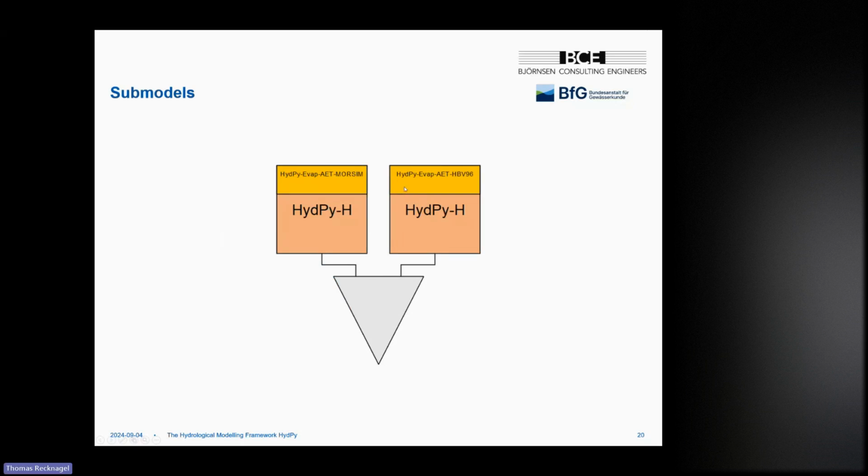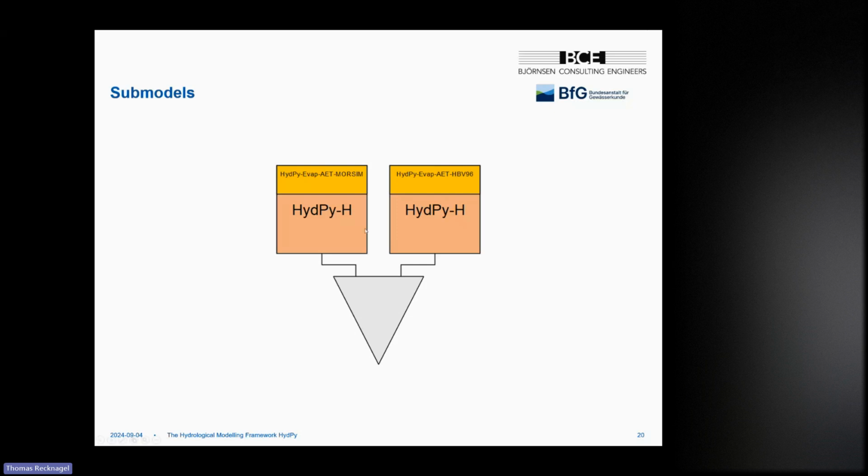And that's not all. With the new release, HydPy 6, which was just published yesterday, we have introduced a new concept of submodels. For example, many land models need to calculate actual evapotranspiration. And different models, also LASEM, have different options, different approaches to calculate actual evapotranspiration.